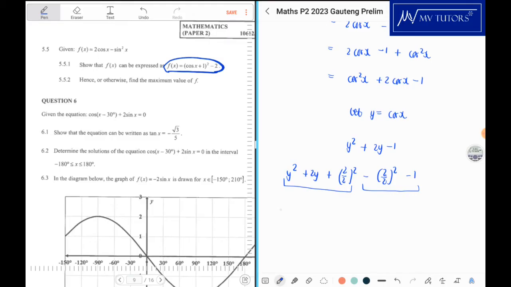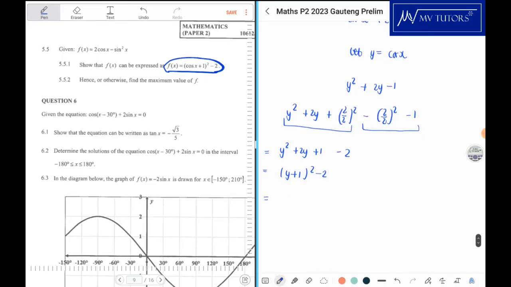Then I would have y squared plus 2y plus 1, and then minus 1, that's the minus 2, so at least we're getting there. And then I have y plus 1 squared minus 2. Remember we said let y equal cos x. So I have cos x plus 1 squared minus 2, and that is your f of x. So at least we have shown it and proved it. And that was only 2 marks.